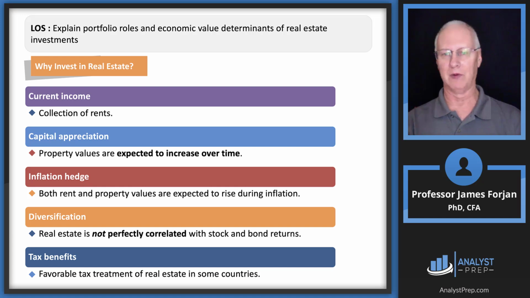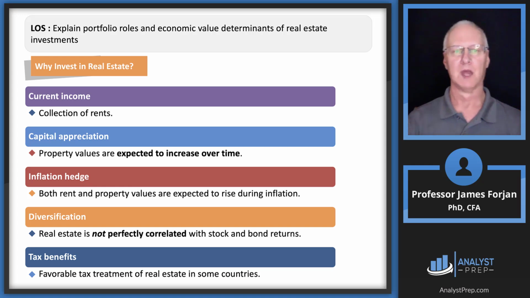I would be way more comfortable if you think about that not with a period at the end of the sentence. So both rent and property values are expected to rise during inflation, comma, conditioned upon other stuff, like governments and zoning and all those kinds of things, although that's probably not too important for this LOS and is probably not part of the reading.